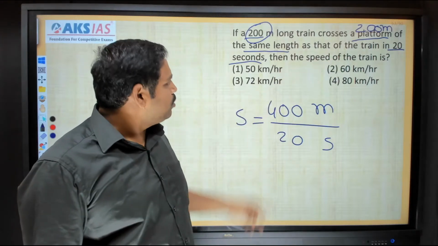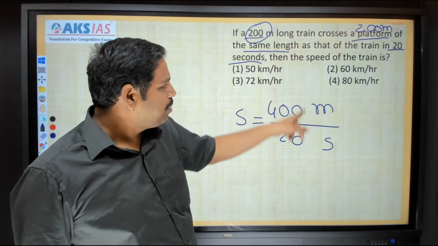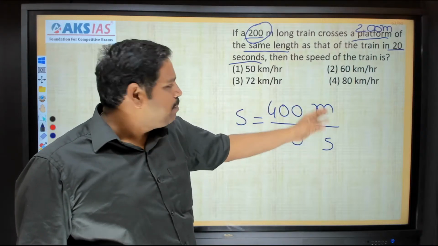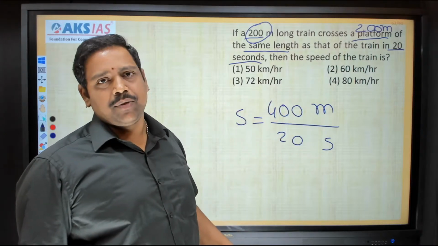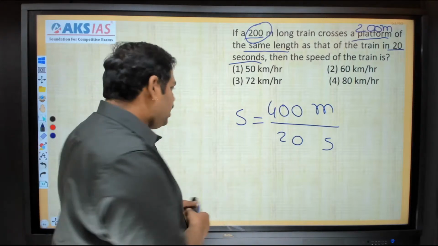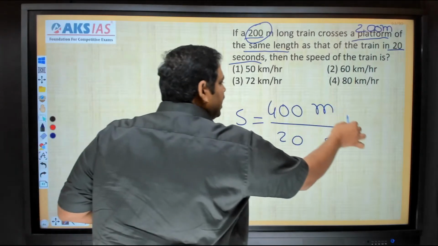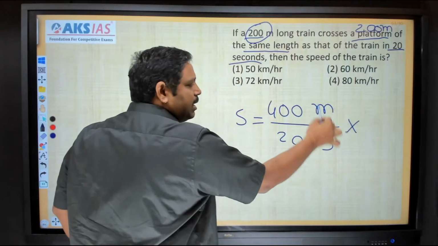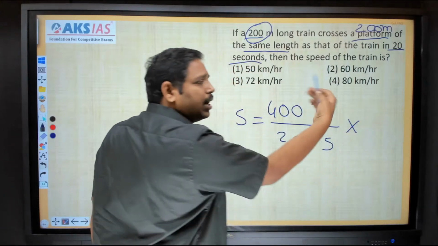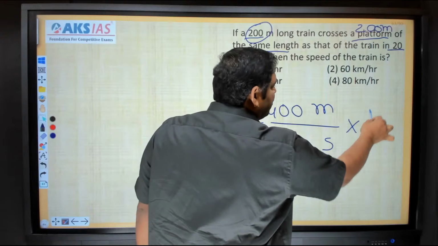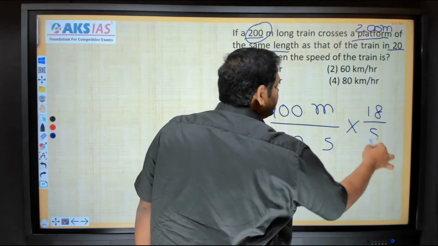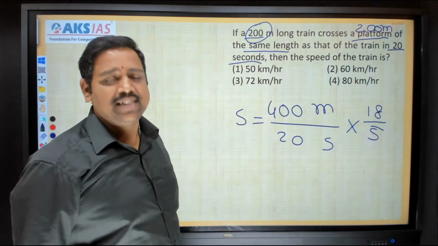Fine. So options are in kilometers per hour, but my answer is in meters per second. That means they should be converted into meters per second. Two ways you can do. Number one, directly, here itself, if I multiply, this is meters per second, right? Meters per second conversion to kilometers per hour means you should multiply with 18 by 5. Directly do this. Then the problem will be solved much more easily, right?